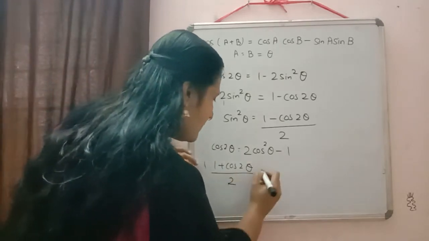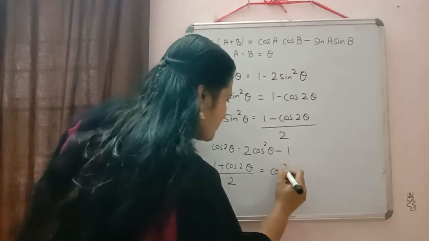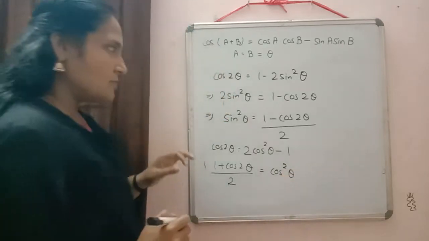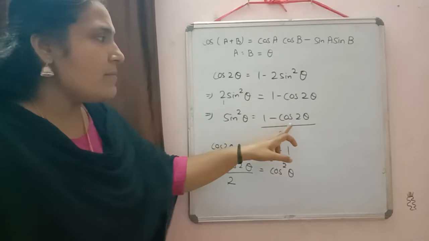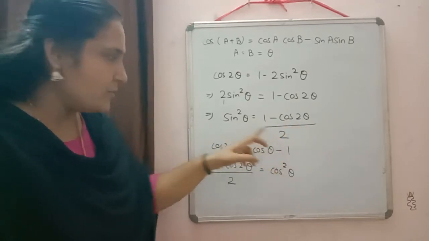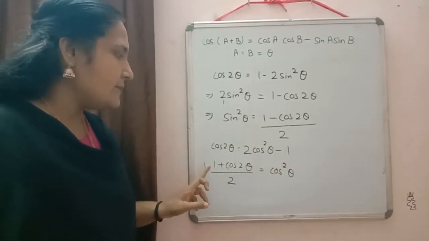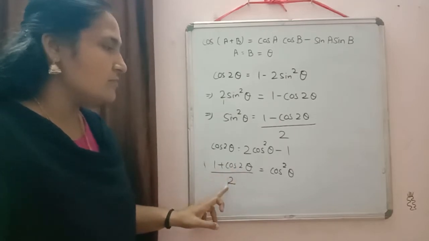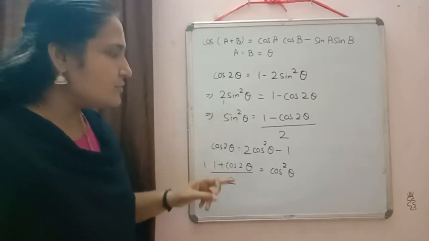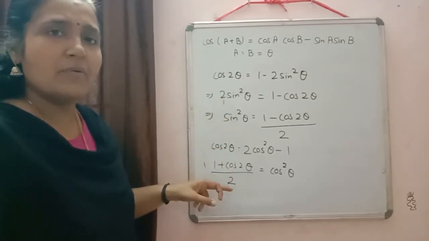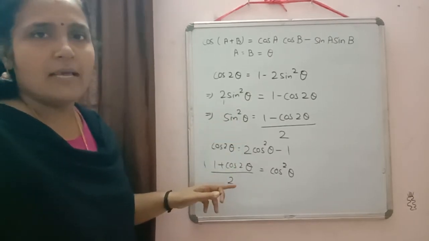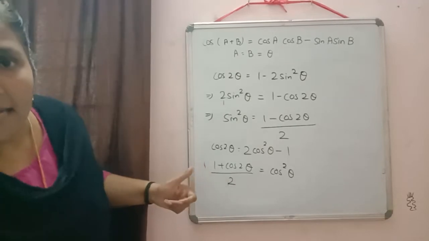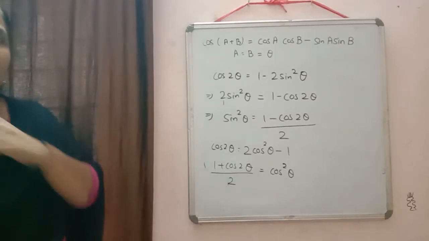Then it will be equal to 1 plus cos 2 theta by 2. So the formula is sine square theta is equal to 1 minus cos 2 theta by 2, and cos square theta is equal to 1 plus cos 2 theta by 2. So these two formulas also you can note down there. When we will solve the question, we have to use these formulas also. So these formulas are clear, how we are deriving the formula.